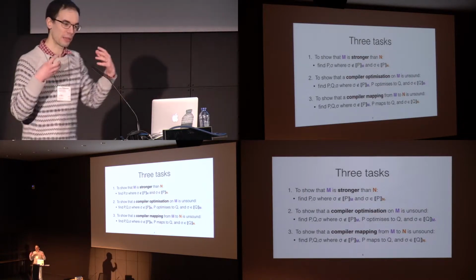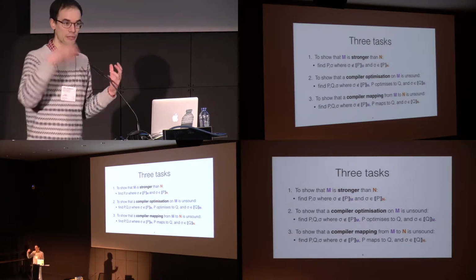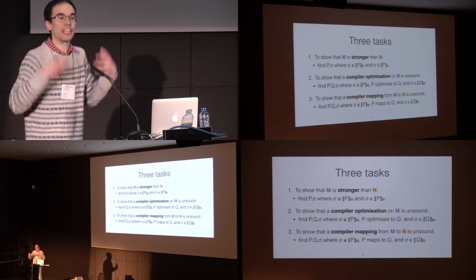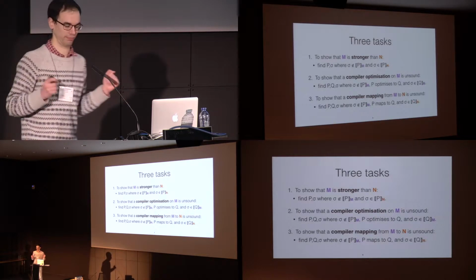So again, the process of doing the compilation has allowed the program to now reach this final state sigma. You've introduced a new behavior. This is exactly what compiler mappings are not supposed to do.